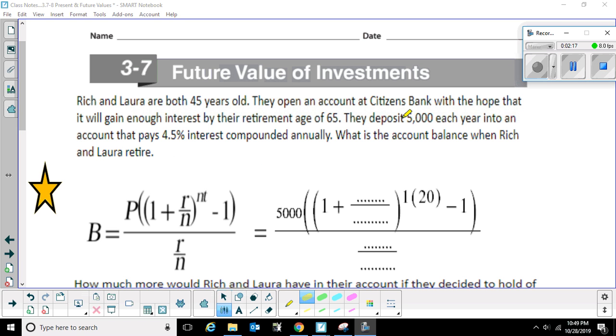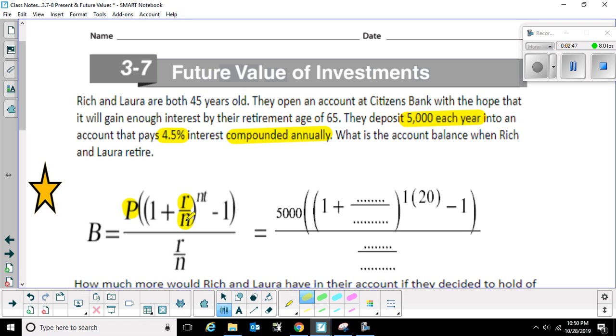Okay, let's consider what we know. We know that we need the principal. And based on what I see so far, the principal would be $5,000 being deposited every year. We know that we need our rate, and our rate looks to be 4.5%. We know that we need the number of times that we compound, so we're going to compound annually.